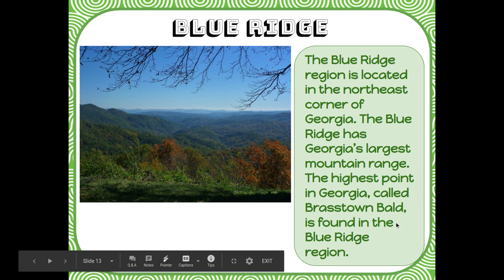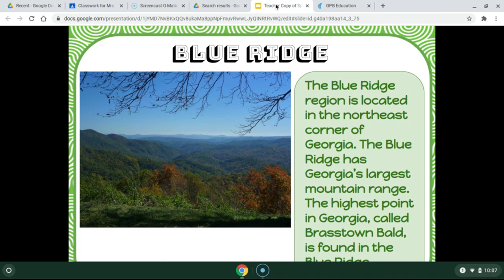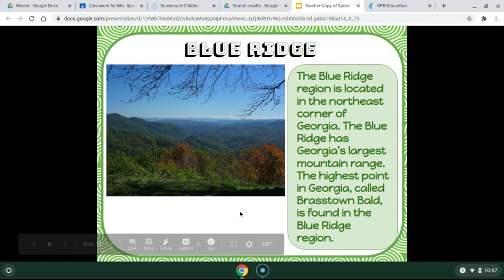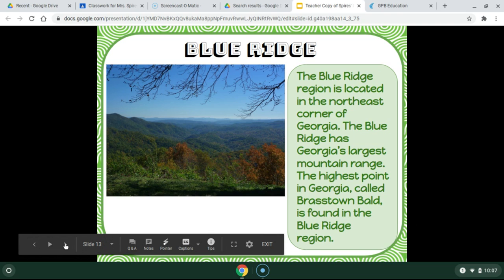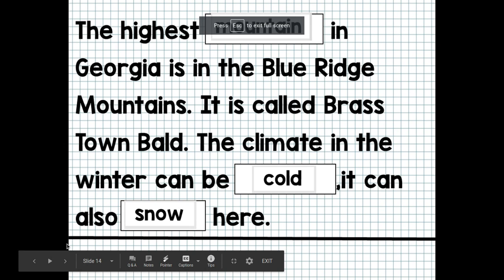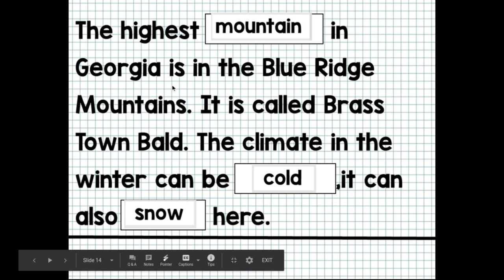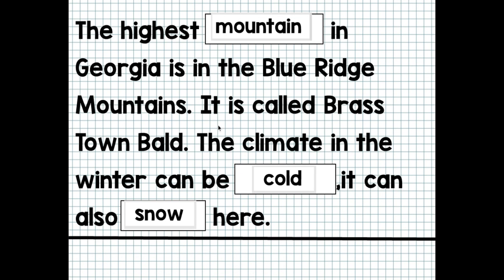It's called Brasstown Bald. So the highest mountain in Georgia is in the Blue Ridge Mountains. It is called Brasstown Bald.